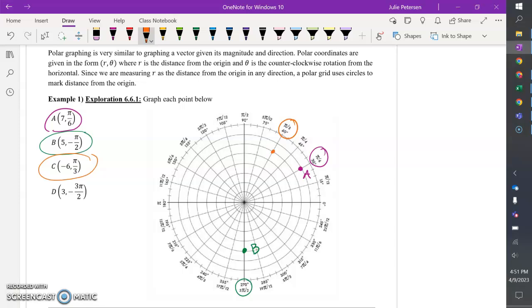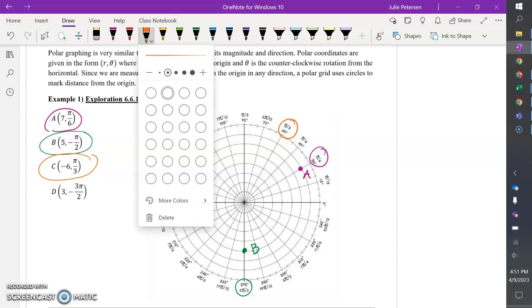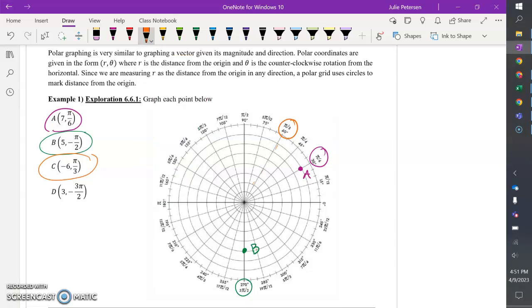But we don't want positive 6 at pi over 3. We want negative 6. So what we're going to do is move 6 units in the opposite direction. So we're going to travel along this angle and go out 6 units. So 1, 2, 3, 4, 5, 6. This is our point, and let's make sure we label that one.